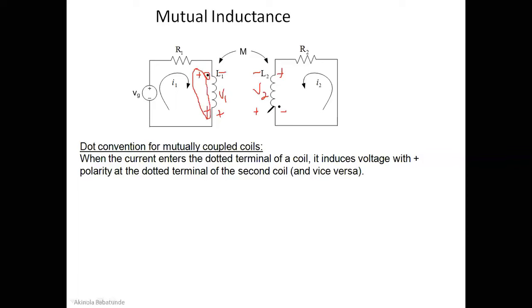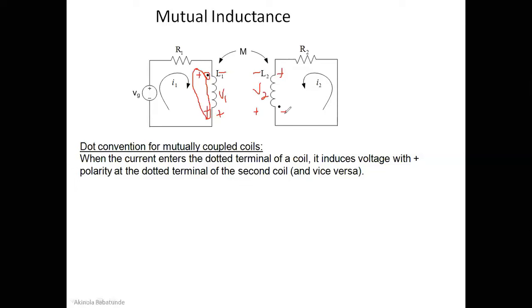All right. So this voltage V1 here is induced by the current I2. That is why I took my time to explain M21 and M12 to you guys. This voltage here is not induced by this current I1. Voltage V1 is induced by current I2. Are you following that? And current I2 has positive and negative here.